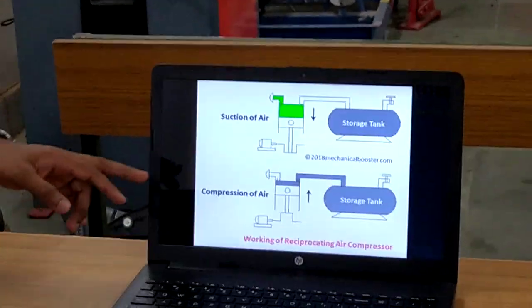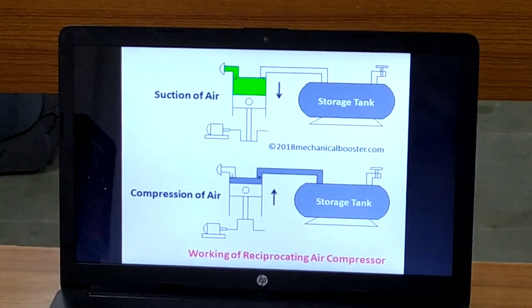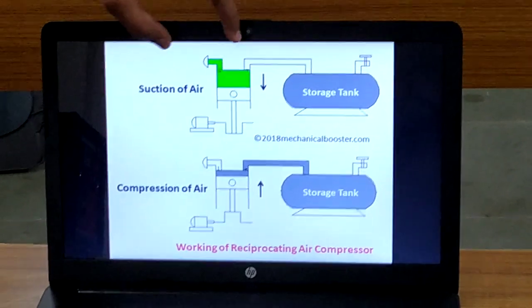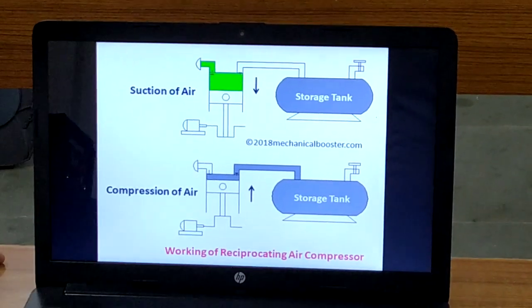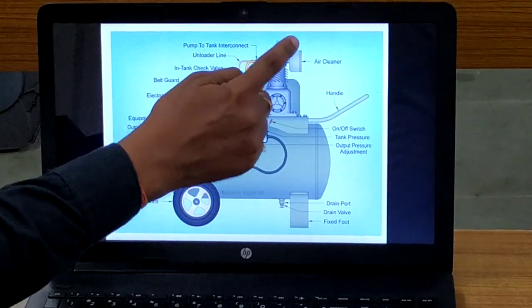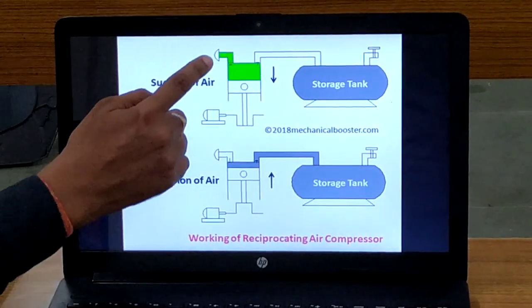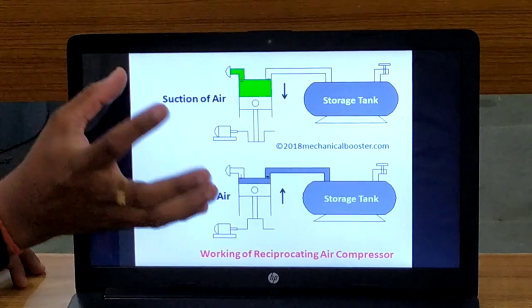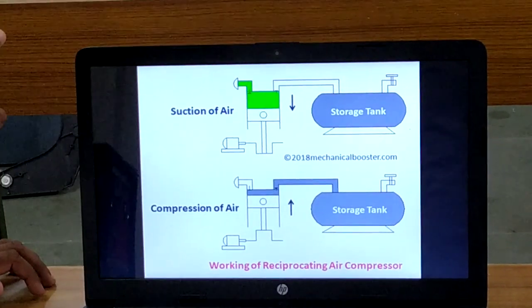Today we talk about pneumatics. The most important part is the compressor, and the principle is the reciprocating pump. Inside the pump there is a piston. This is the piston, and this is the cylinder.